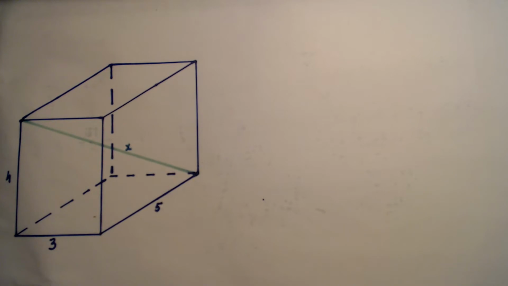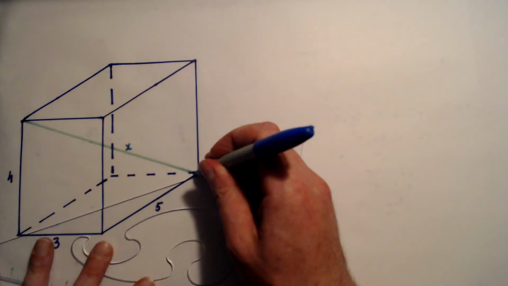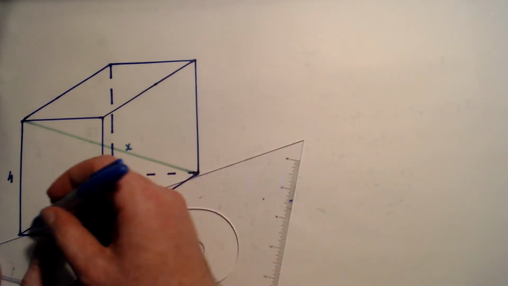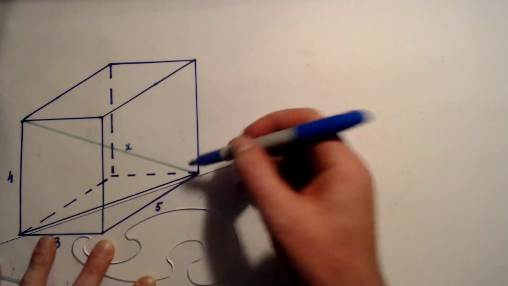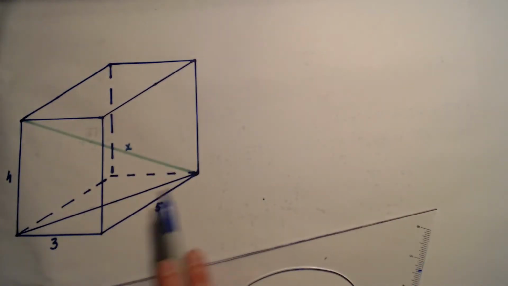That might be helpful. Straight away, I notice that if I join this front bottom left corner to this back bottom right corner, right from here to here, and I'll put it in solid, that's this distance from here to here.